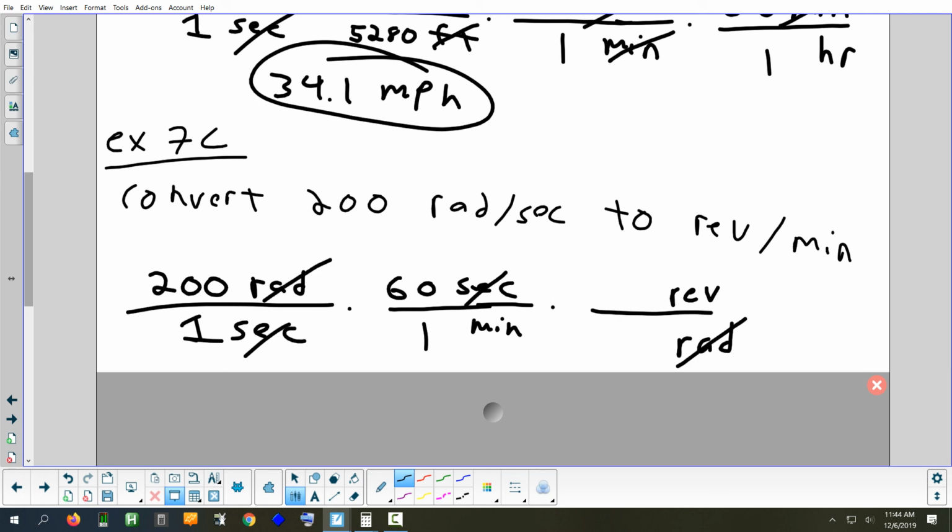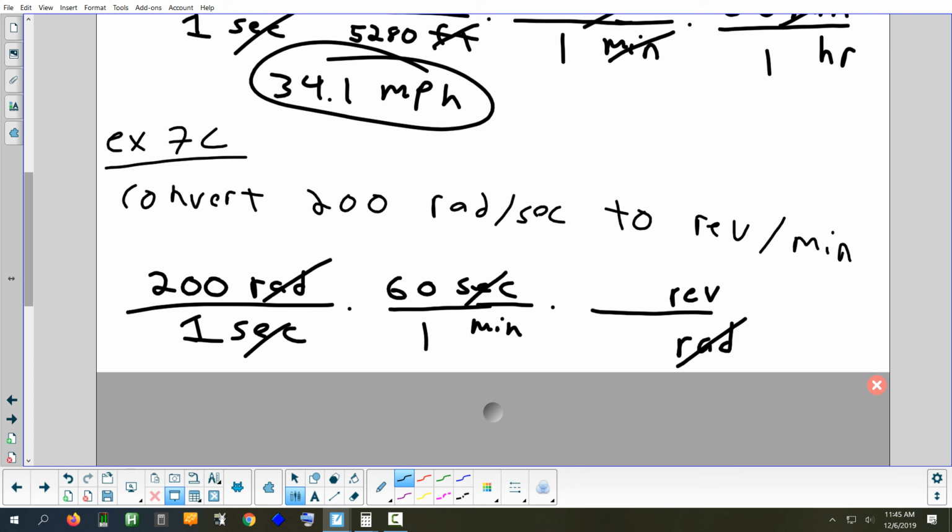Now, I need the conversion. How many radians in one revolution? No, it's not 4. Think about how many degrees in a revolution. 360. So now just tell me what 360 is in radians.